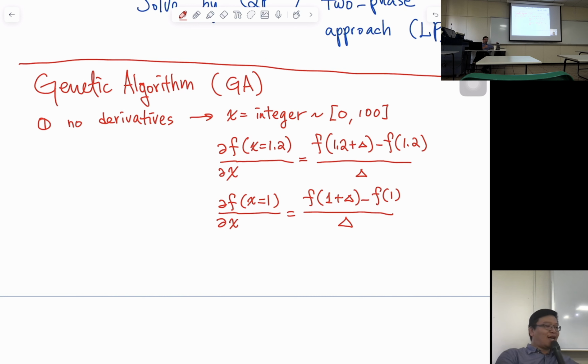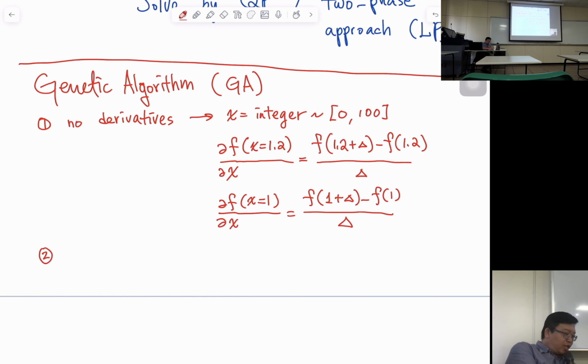So that kind of evaluation is not available. So in this kind of math problems, you cannot even take derivatives, no derivatives. Then it's really difficult for you to use gradient-based approach anymore. You cannot use gradient-based approach.